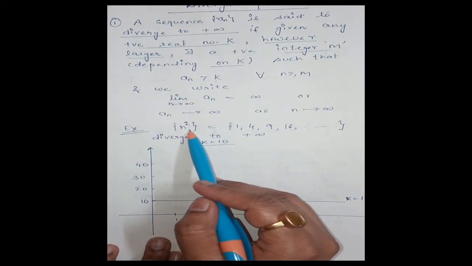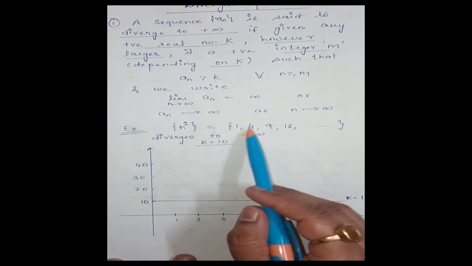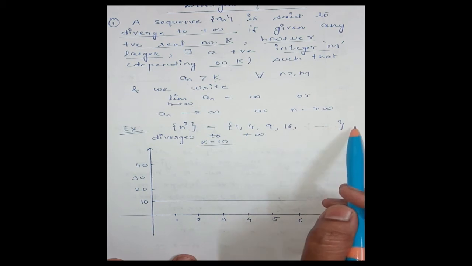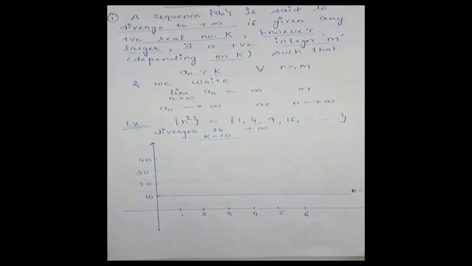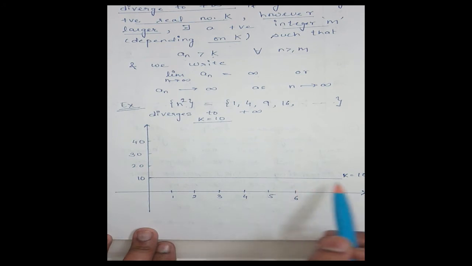Let us understand this with the help of an example. Consider the sequence with nth term n square. Then the terms of the sequence will be 1, 4, 9, 16 and so on. Now first I take k to be 10. Let us plot this graph. Draw a line along 10, k is equal to 10.